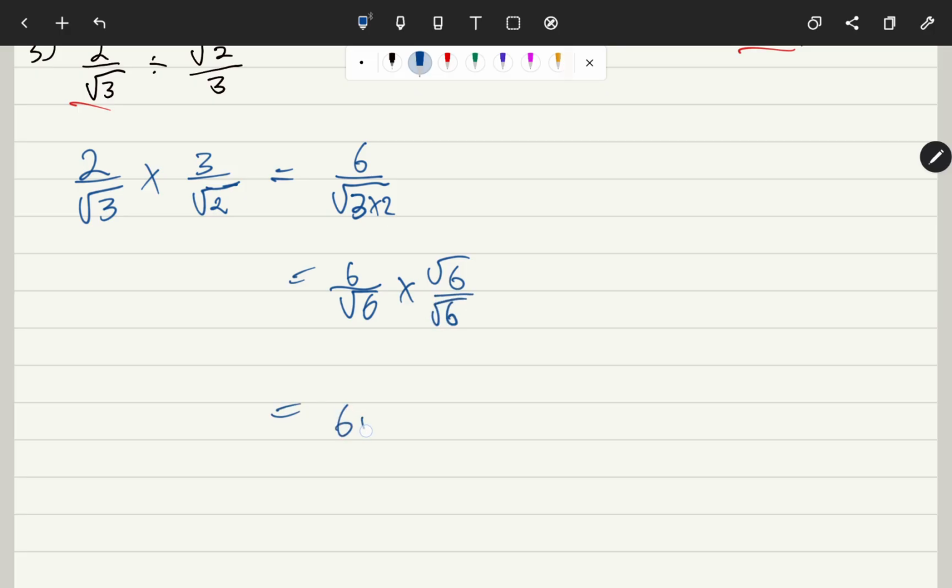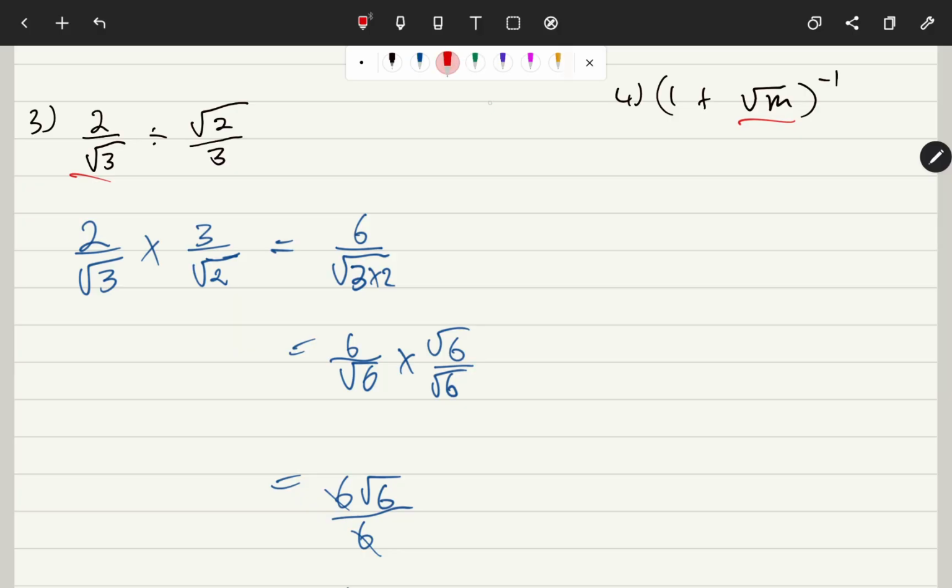Then my answer is 6 root 6 over 6. Cool. And then of course I have a common number, which is 6, in the numerator and denominator, so they cancel each other, and my answer is root 6. Then I'm done.